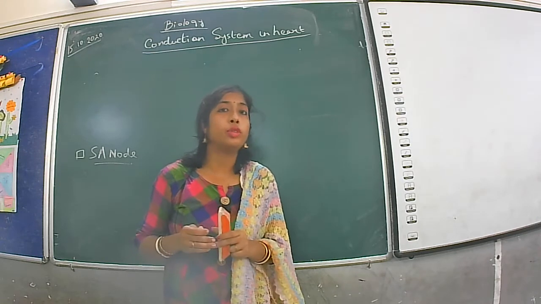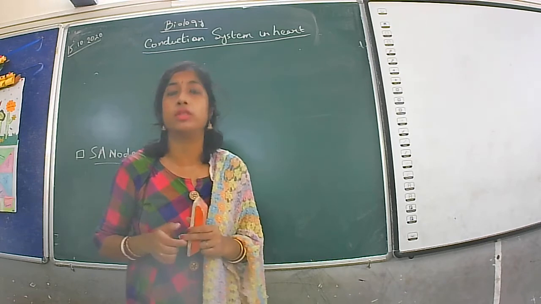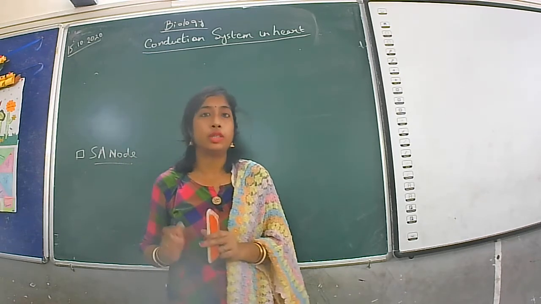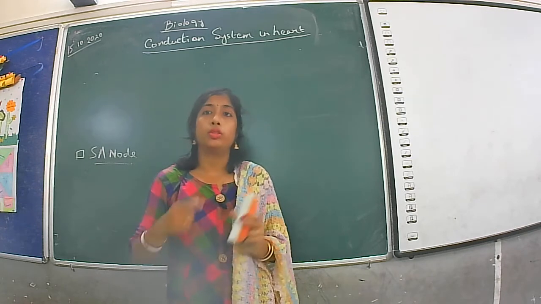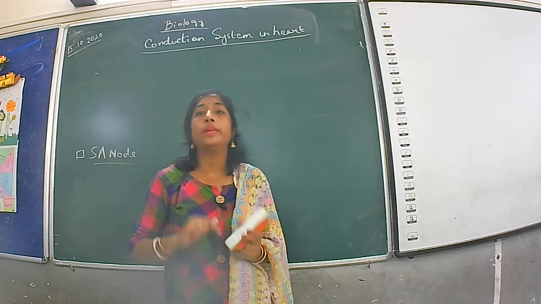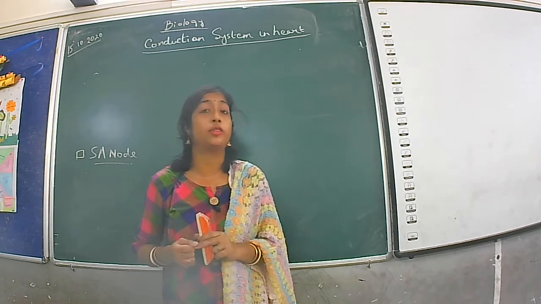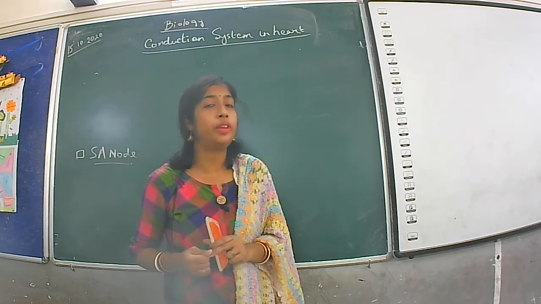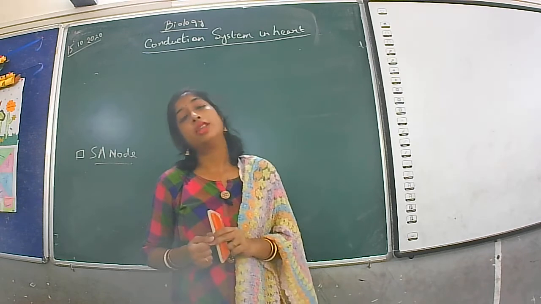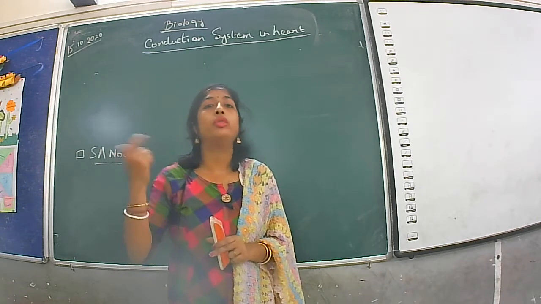For those students who cannot remember the sinus venosus, I am repeating once more. The sinus venosus is an associated structure through which the deoxygenated blood comes and is pumped into the auricles. In the lower group of animals it happens. In case of fishes and amphibians, we have seen the sinus venosus carrying the blood, and it is pumped into the auricles and then into the ventricles.